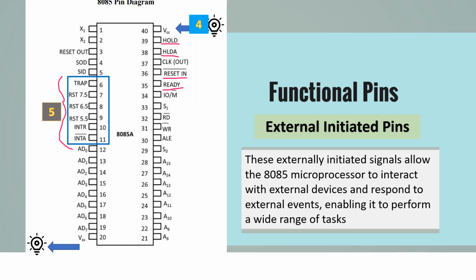The 8085 microprocessor has several externally initiated signals that allow it to interact with the external devices and respond to external events. Some of these signals include the interrupt signals: INT or interrupt request, used by external devices to request an interrupt, and RST 5.5, RST 6.5, RST 7.5.